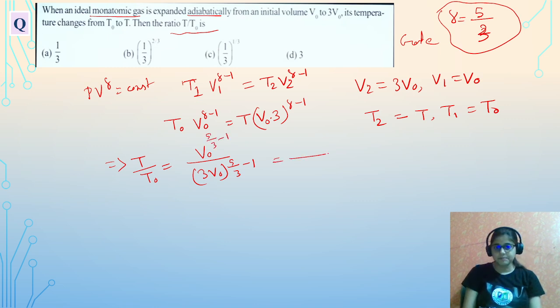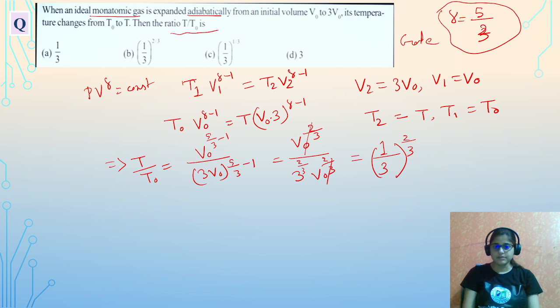So V0 cancels out, and the answer will be 1 by 3 to the power 2 by 3.